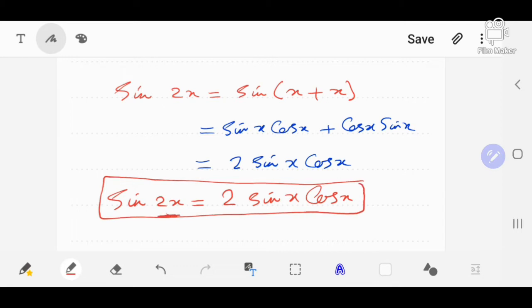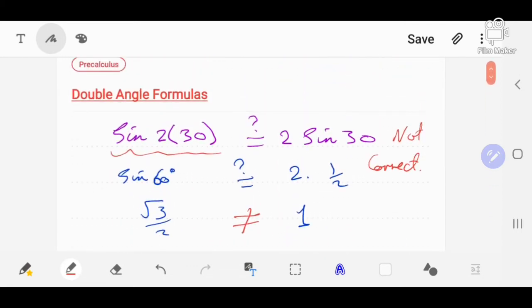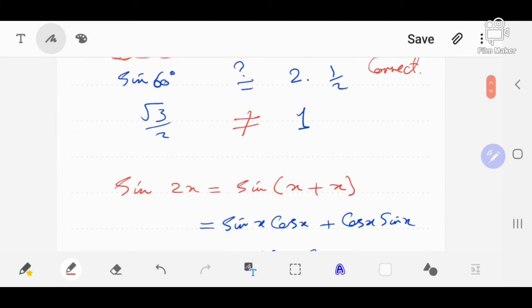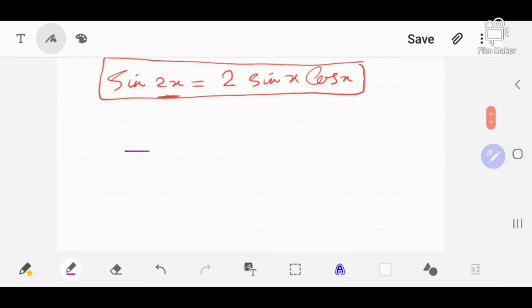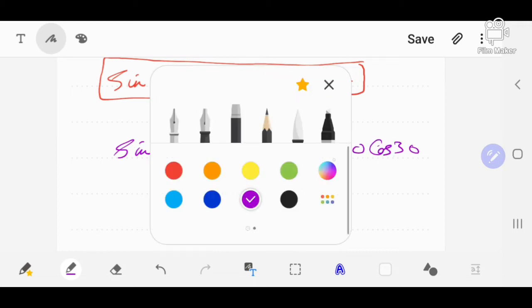Let's check. Is that correct? If I'm going to apply it onto sine 2 times 30, will that give me a right answer now? Sine 2 times 30, is it really equal to 2 times sine 30 times cosine 30? Let's evaluate both sides.